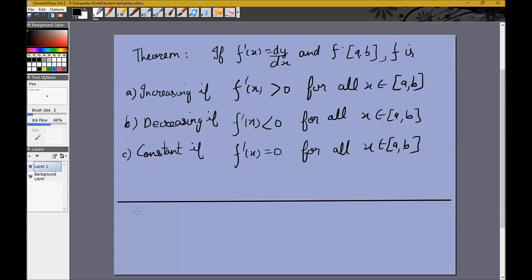The proof is the mean value theorem, which says that we can always find a c. If you don't remember this theorem, you can watch the differentiability video again. We can find a point c in a comma b such that f dash of c is equal to f of b minus f of a by b minus a, right?